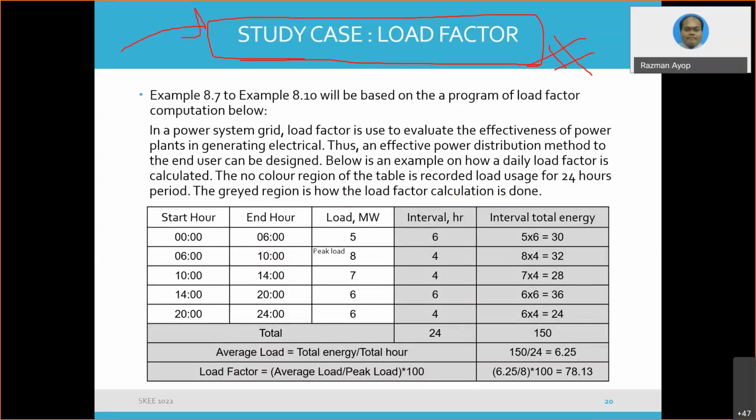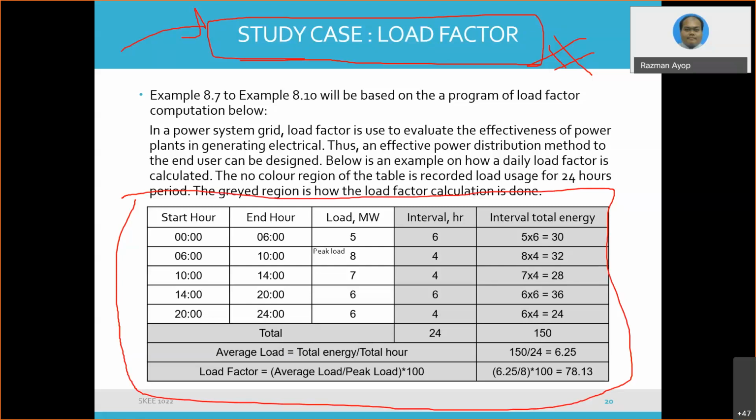So you can see here you have a table with start time and end time, you have the load, how much load is used, and then you have the interval, how long the load is used, and then you have the energy.